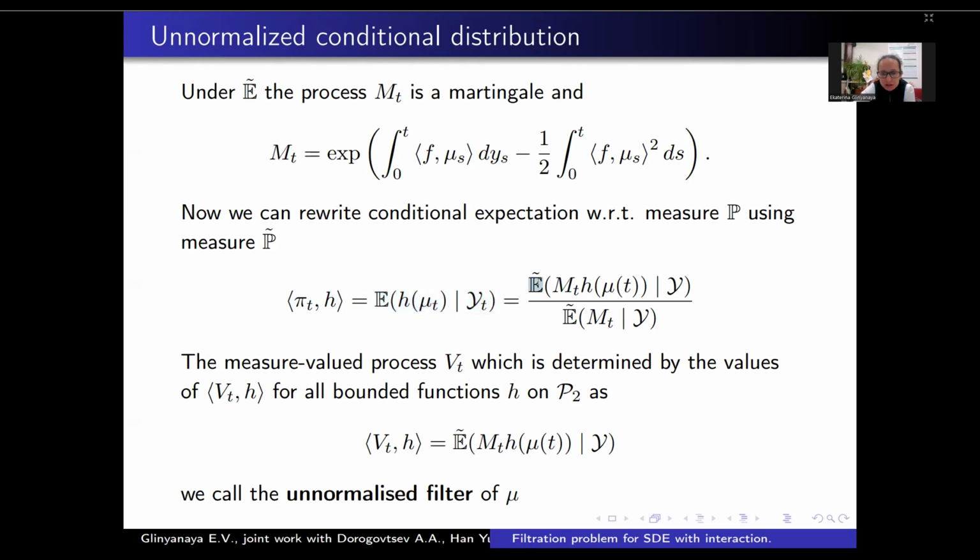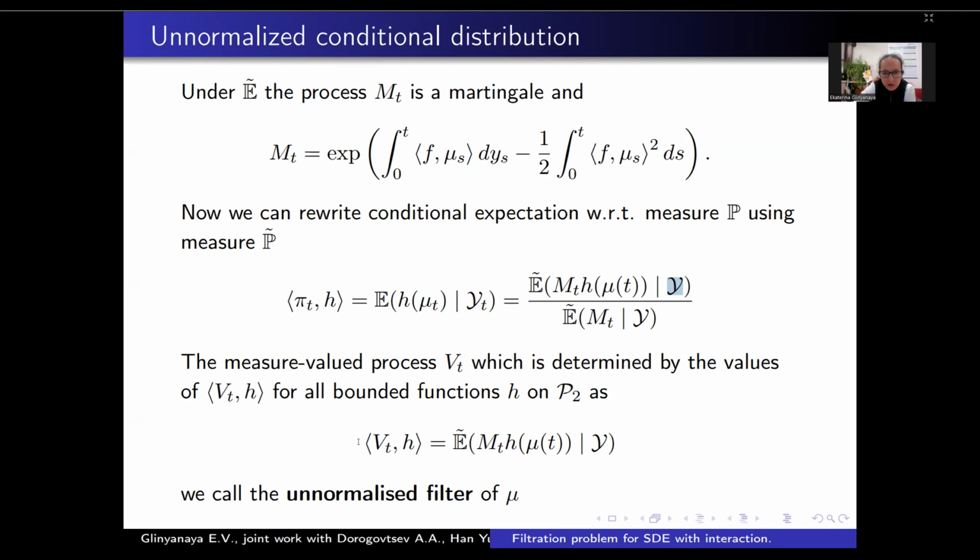So here we will consider the expectation with respect to P tilde. And here is the sigma algebra generated by the Wiener process in this new probability space. So here y is a Brownian motion, and it is independent of the process mu t, as we proved. And the process which we have in the denominator we call the unnormalized filter.